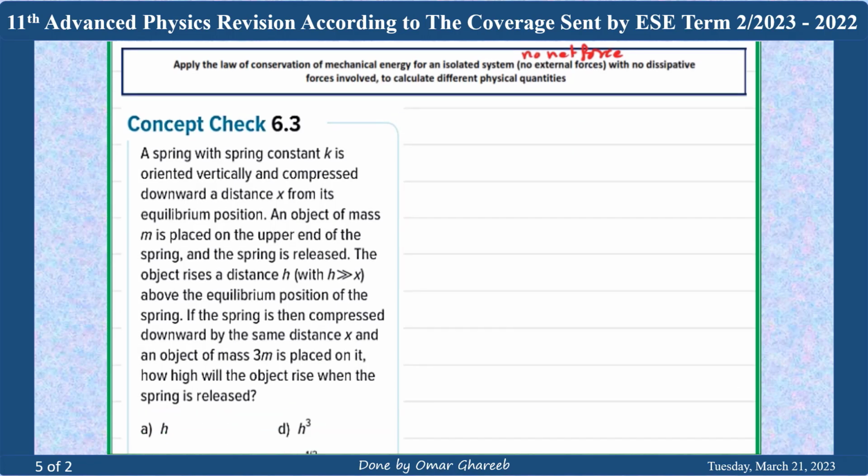First one, a spring with the spring constant K. Let us explain here what the potential energy for the spring is.